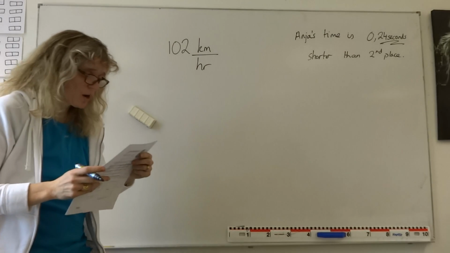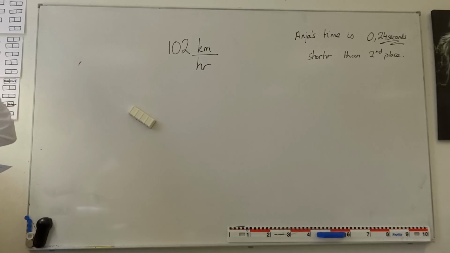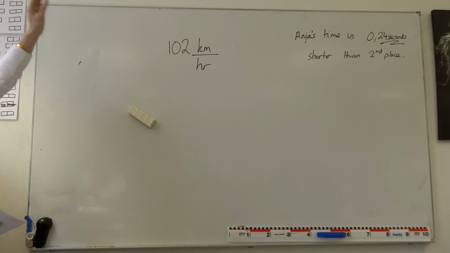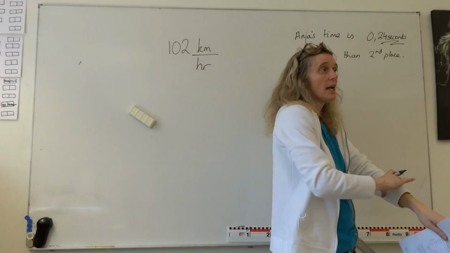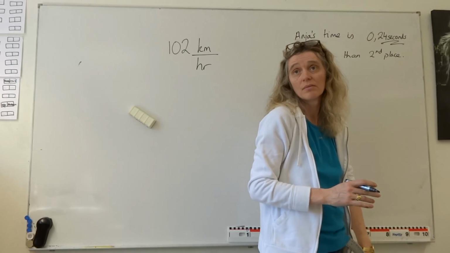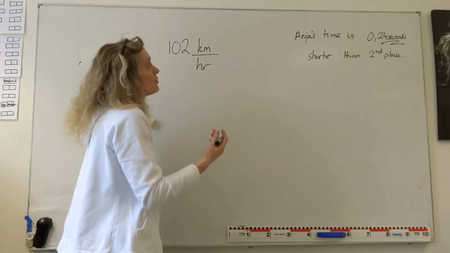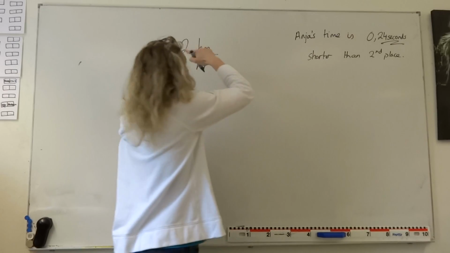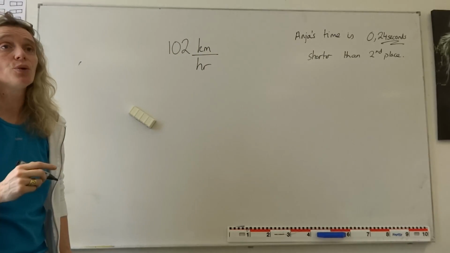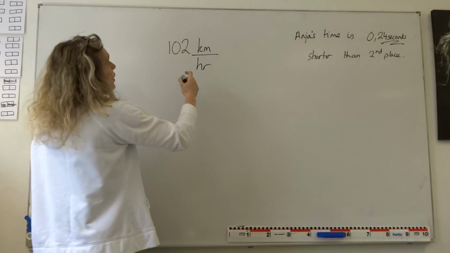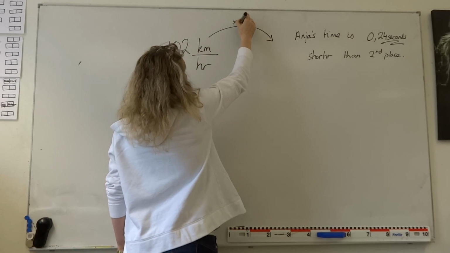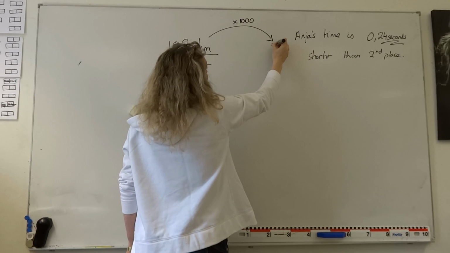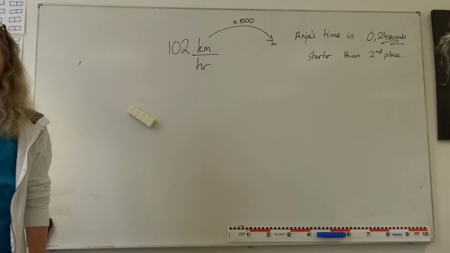And we want to know, how far has she travelled? What's the distance? How much does 0.24 second actually be equivalent to in terms of meters? Not kilometers per hour, we're wondering seconds in terms of meters. So in order to do that, we have to change our units. If we were going to change 1 kilometer to meters, we know that we would times by 1,000, do we not?